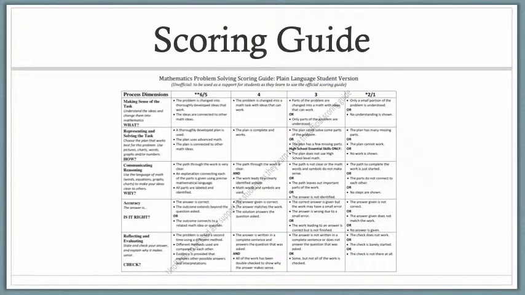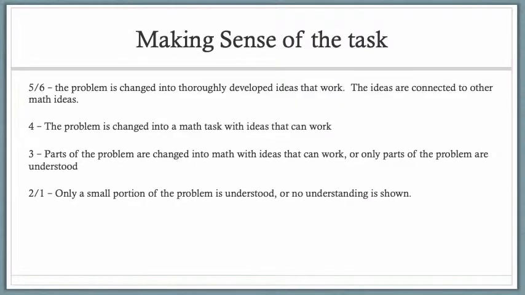Let's break down each of these a little bit more because, again, I want you to pass, I want you to be successful. Knowing what you're going to be graded on is very important as you're doing your work sample. Let's talk about making sense of the task. For a 5 or 6, you're looking at the word problem that's given, and you are making a plan, identifying what the problem is asking, and so I need to use this type of math to help get there.